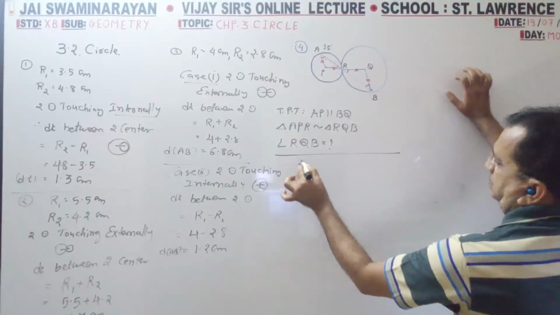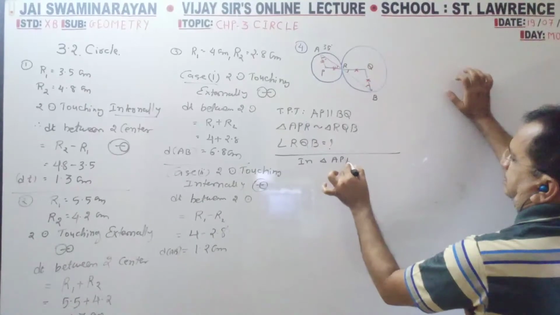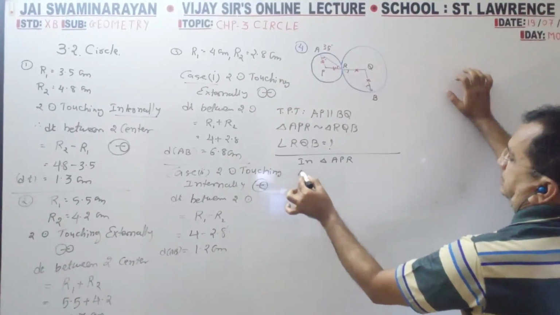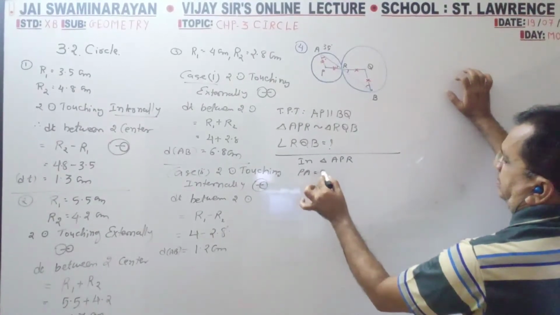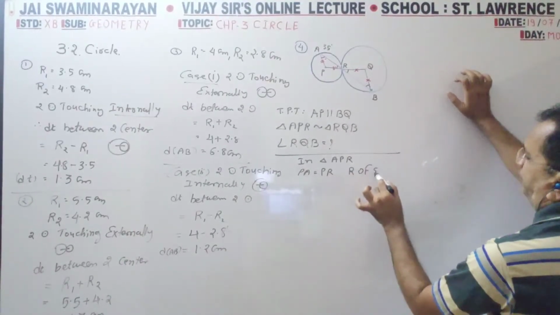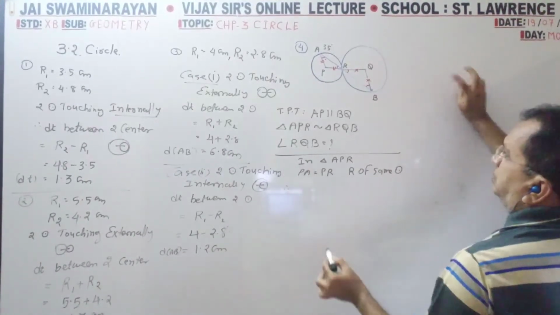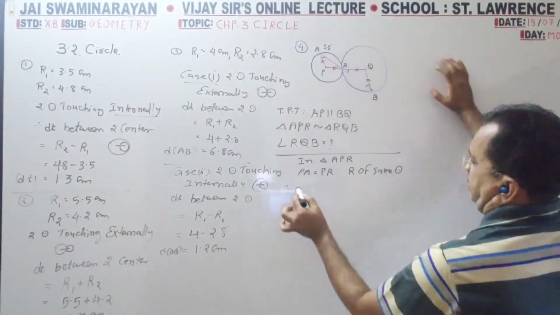Okay. In triangle APR, PA is equal to PR, radii of the same circle. If two sides are equal, two angles are equal.